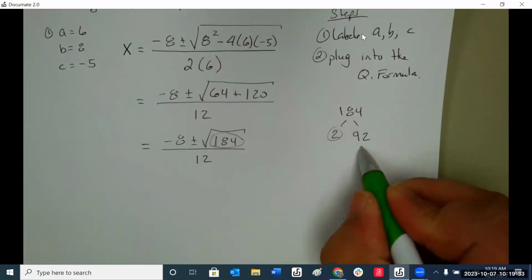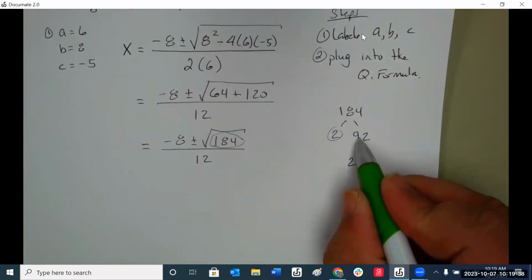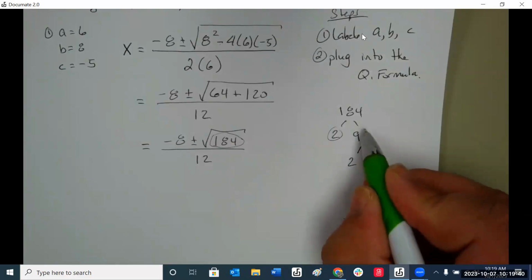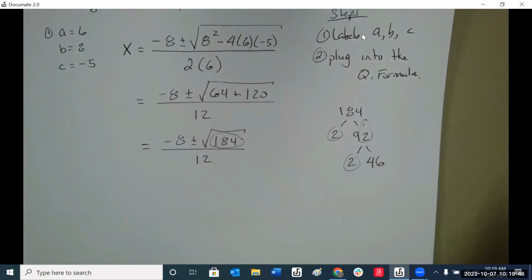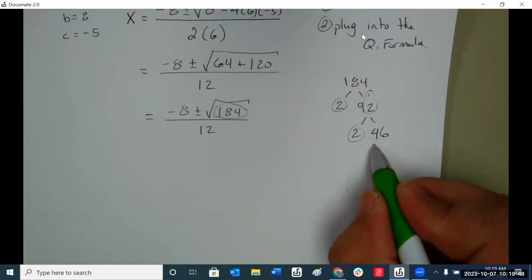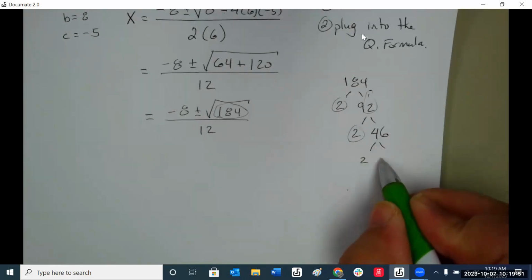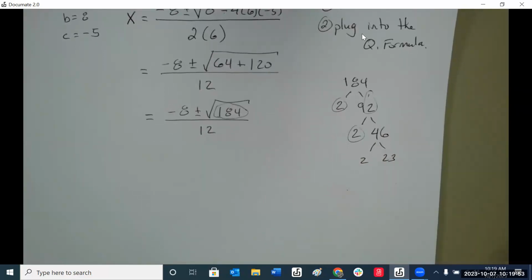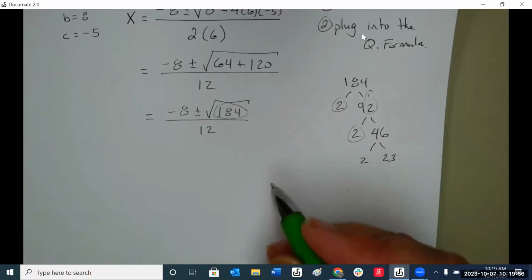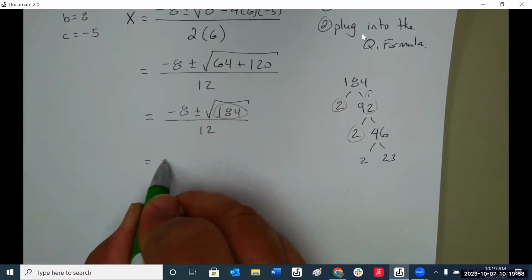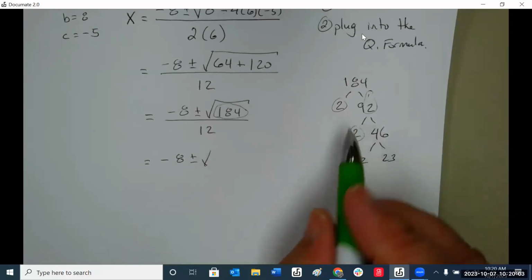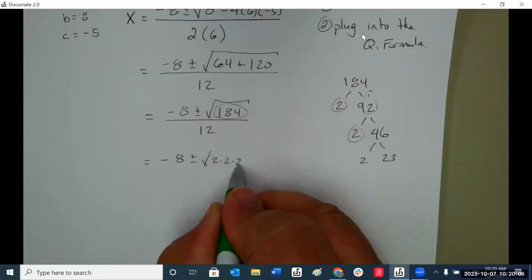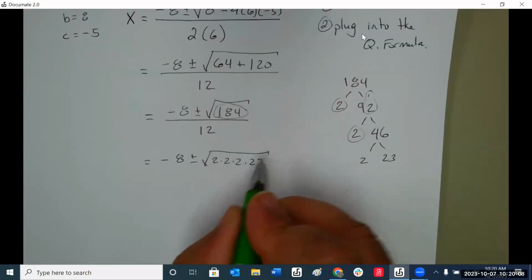So there's 1. 2 goes into 92, since it's an even number. 2 goes into 9 4 times with 1 left over. 2 goes into 12 6 times. 2 goes into 46 23 times. Can't go any further. Two times 2 times 2 times 23.